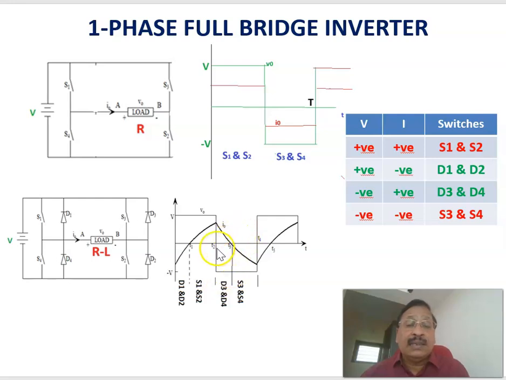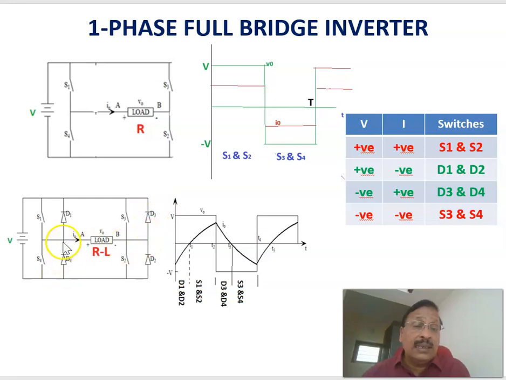The third case, from T2 to T3, negative voltage comes, that is minus voltage, negative comes here, and the current is positive. Negative voltage and positive current. Here, negative voltage and positive current means D3 and D4 are conducting. If it conducts like this, you can say that current is positive.